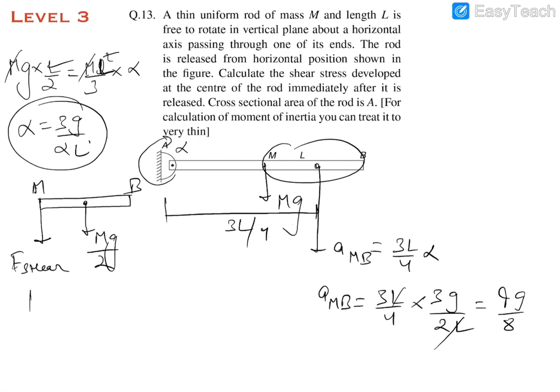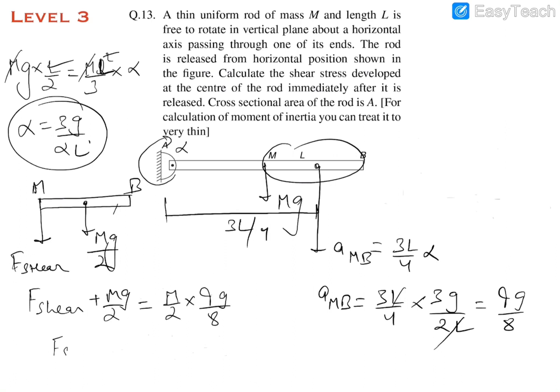So we can say that the shear force F plus mg by 2 will be equal to m by 2, which is the mass of this part, into its acceleration, which is 9g by 8.